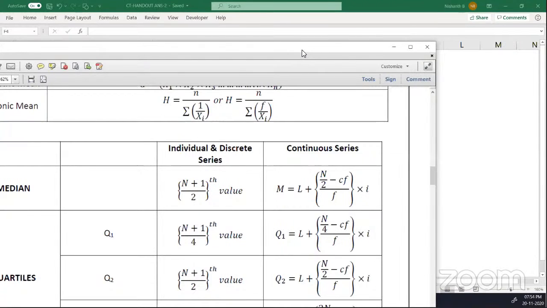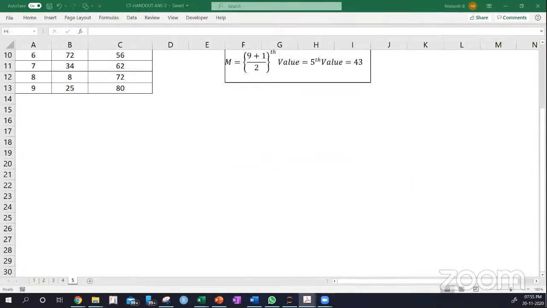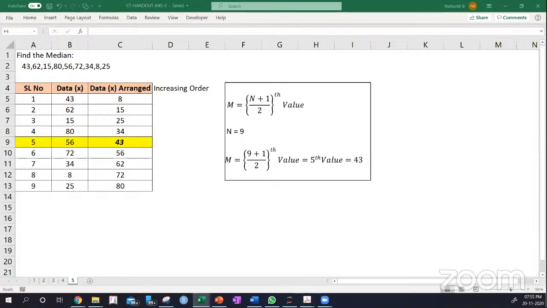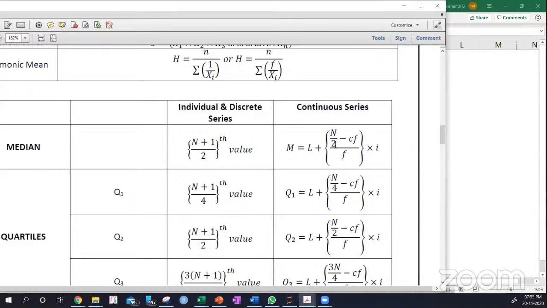I'll tell you how to handle decimals. For continuous series, it's always n by 2, whatever is mentioned, whether odd or even. For individual and discrete series, it is always (n plus 1) by 2, so there is no odd-even concept here.